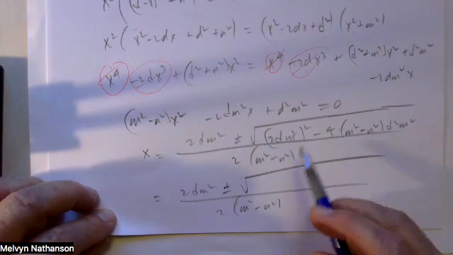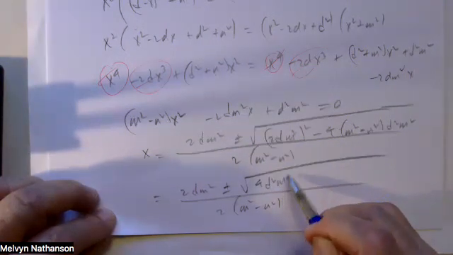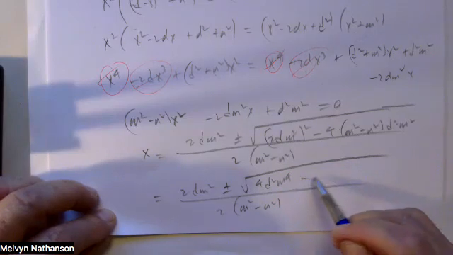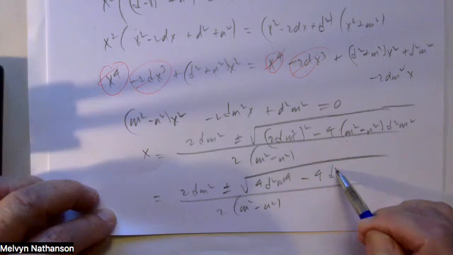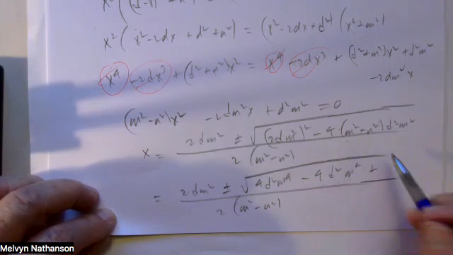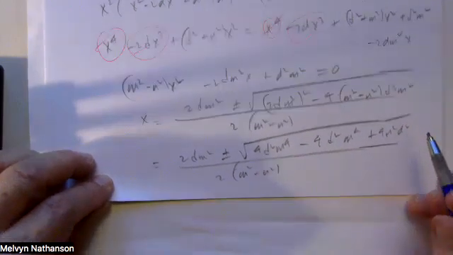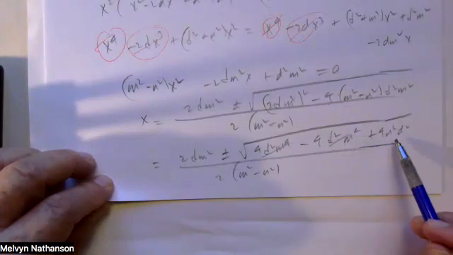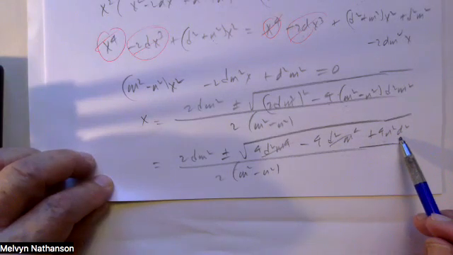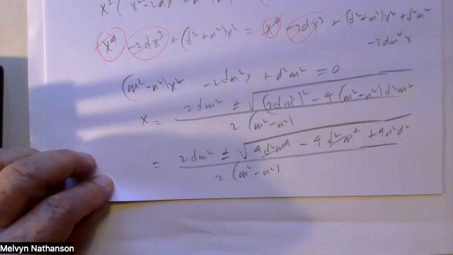And what I have in here is 4d squared m to the fourth minus 4, oh, this is nice, d squared m to the fourth plus 4n squared d squared. So these cancel, and the square root of 4n squared d squared is 2nd.